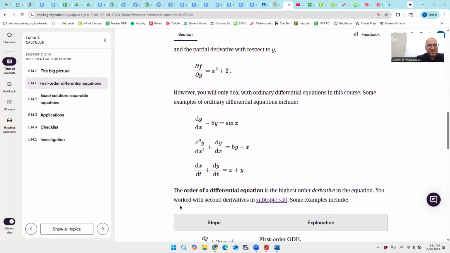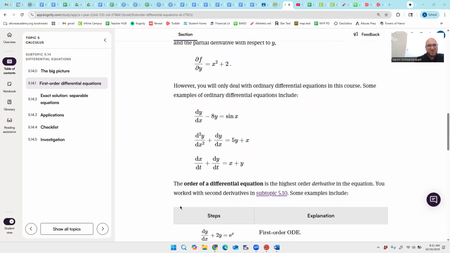So, okay, let's do. However, we only deal with ordinary differential equations. Some examples of ordinary differential equations include these. What's an ordinary differential equation? One that you can actually solve. But not the partial, correct? The partial stuff is easier than some of these.